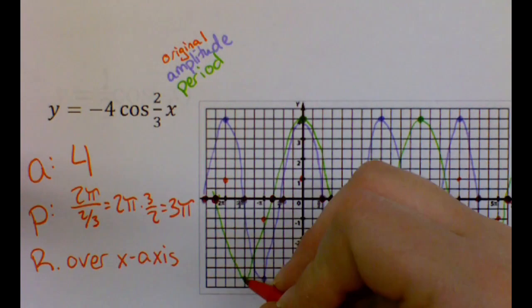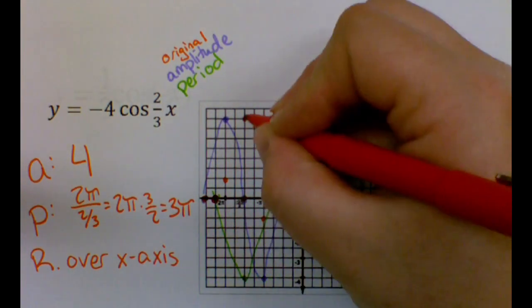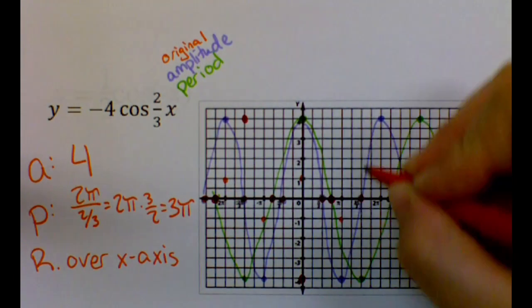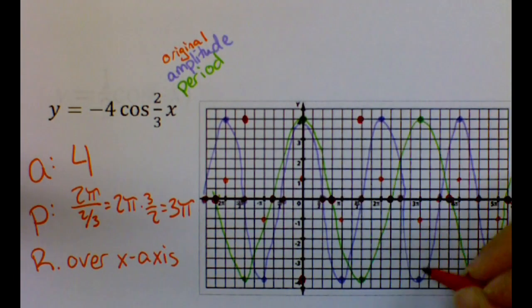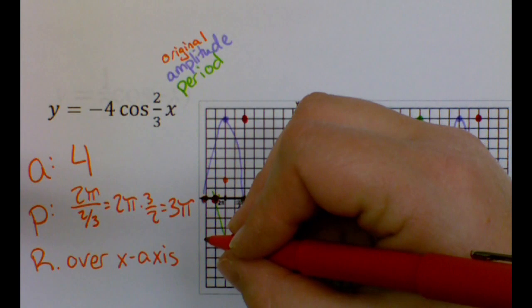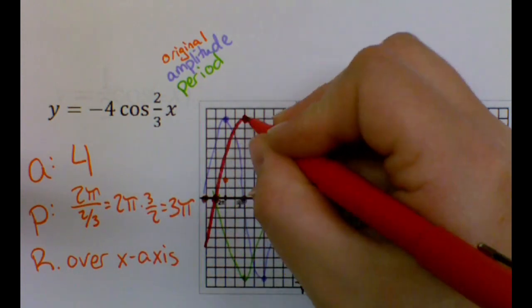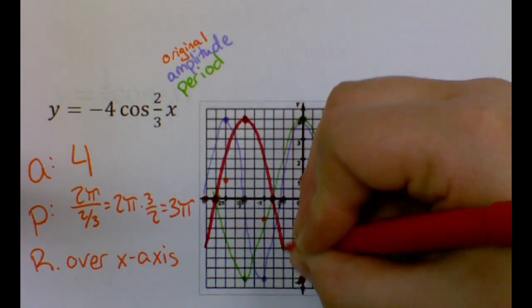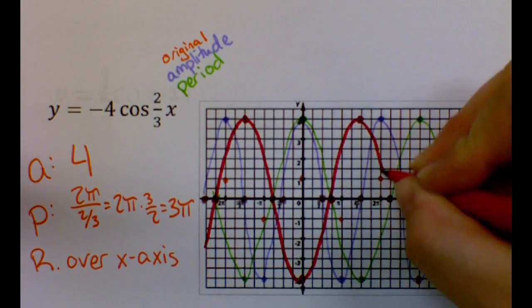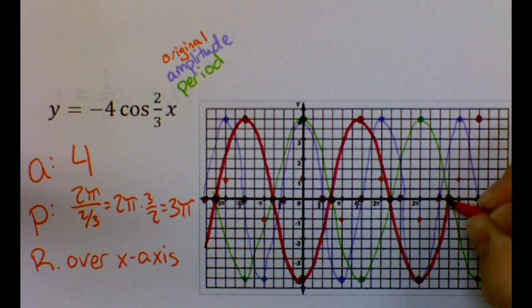And then I take any minimum, reflect it up to a maximum, any maximum, reflect it down to a minimum. And then draw my best version of the final graph, trying to keep my colors straight about which color is my final answer.